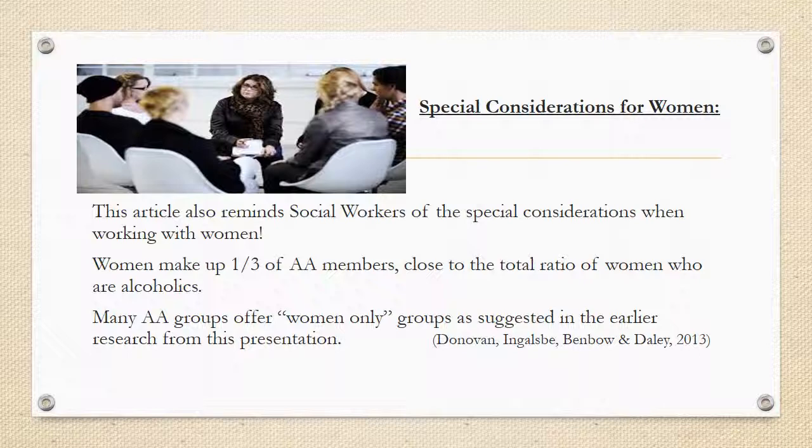And many AA groups do offer women-only groups. As suggested earlier in this presentation, women may benefit from women-only groups so they don't feel as though they need to guard their words or what they share within the group setting because of the presence of men.